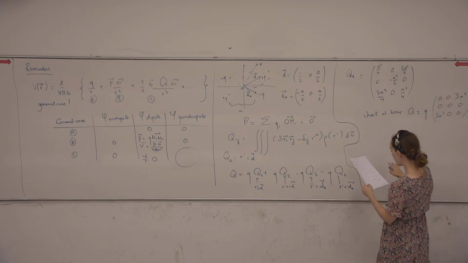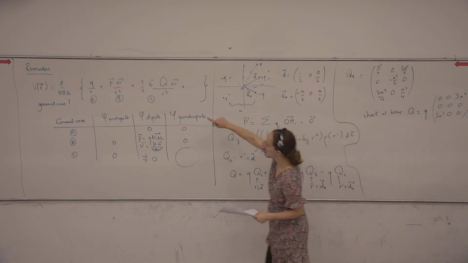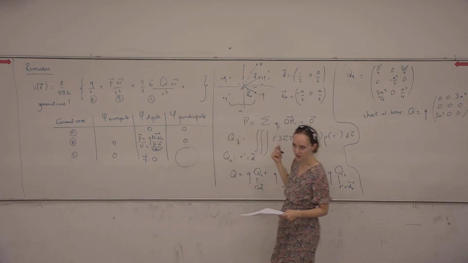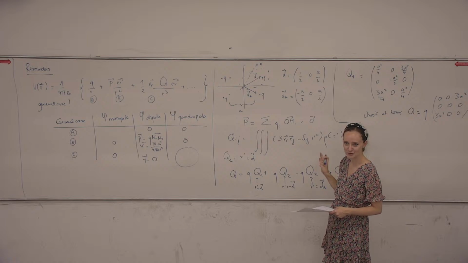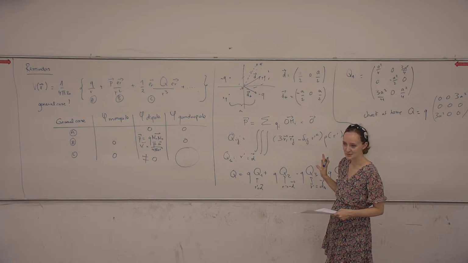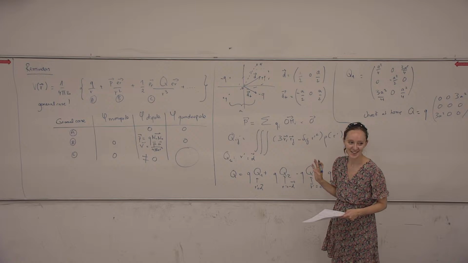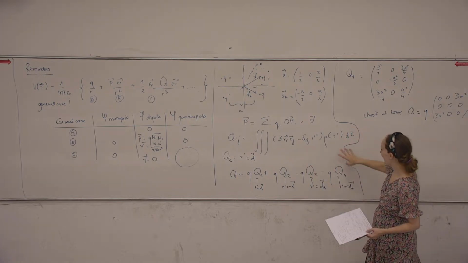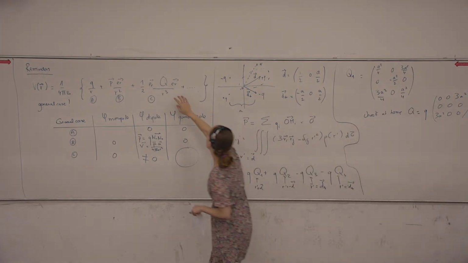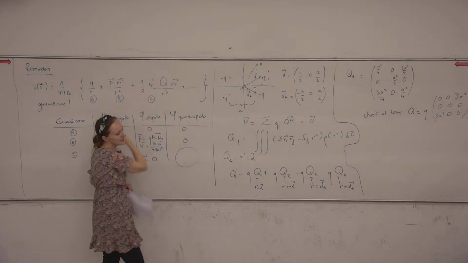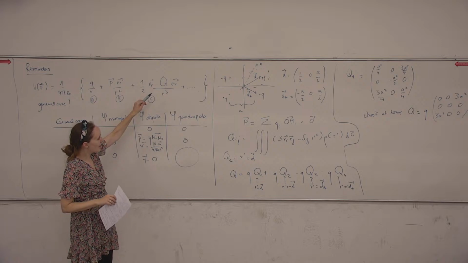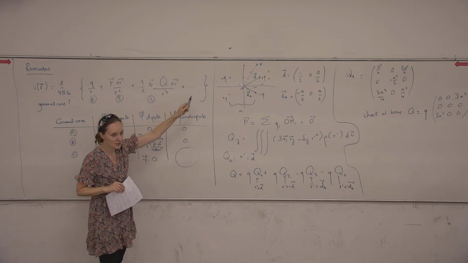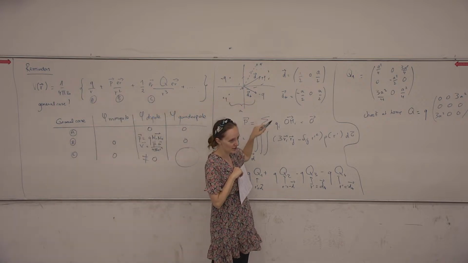But now we want to use it in this integral, right? It's not enough. Okay, I feel like I've lost you. So what shall I do? So the total Q, the Q here, is a matrix, and this matrix is obtained by summing the contributions from all the charges.